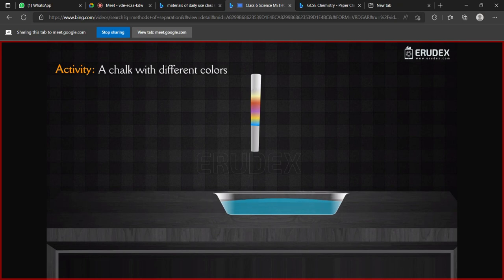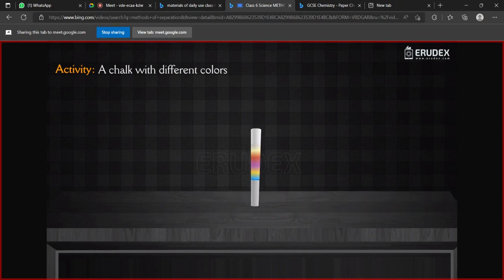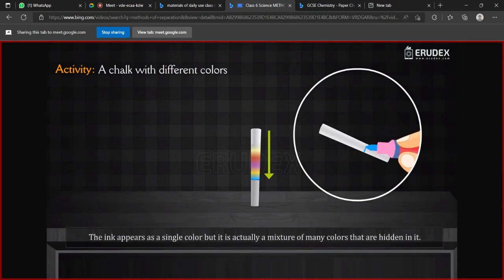Now, remove the chalk from the plate before the water reaches the top. You can find different colors on the chalk from top to bottom. These colors have formed from only a single ink. The ink appears as a single color, but it is actually a mixture of many colors that are hidden in it.